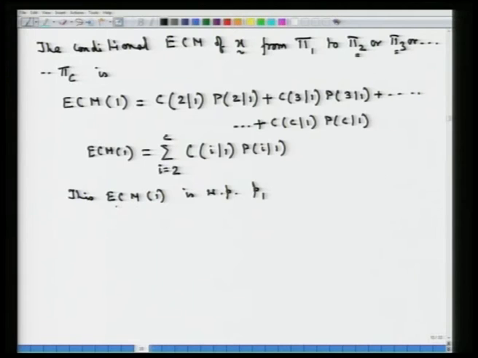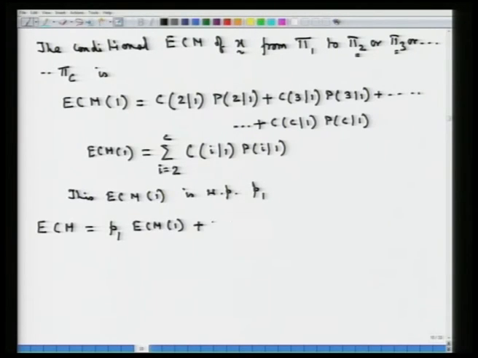So if we have this conditional ECM of x from pi 1 getting misclassified into pi 2 or pi 3 or pi c given by this expression with probability P1, because it is from the first population with a priori probability P1, we will have the expected cost of misclassification given by ECM1, the conditional one, with probability P1.